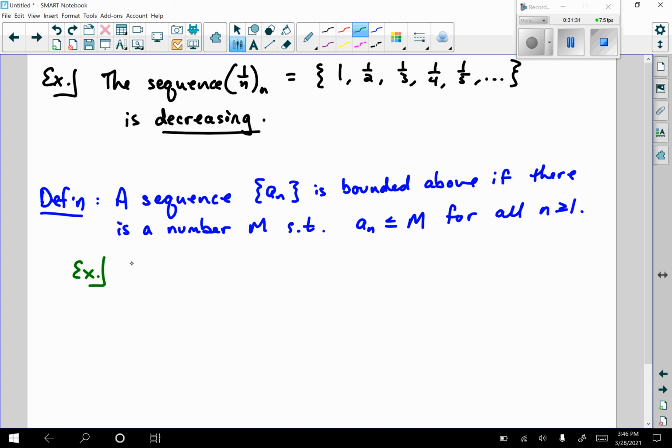So going back to our example of 1 over n, again, if we were to just take a look at what I have above here, and what could be helpful is if you plot these points, they are not getting larger than 1. 1 is the largest value, so we would say it is bounded above by 1.